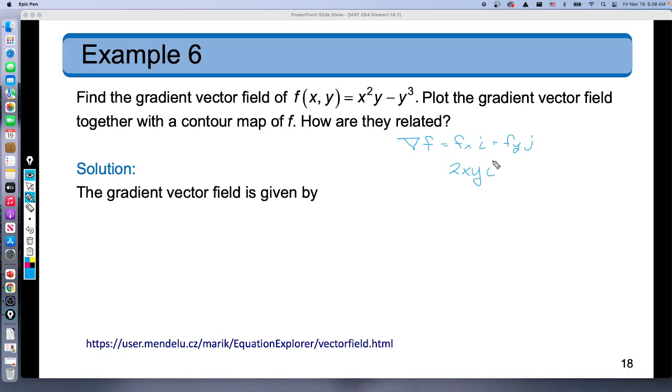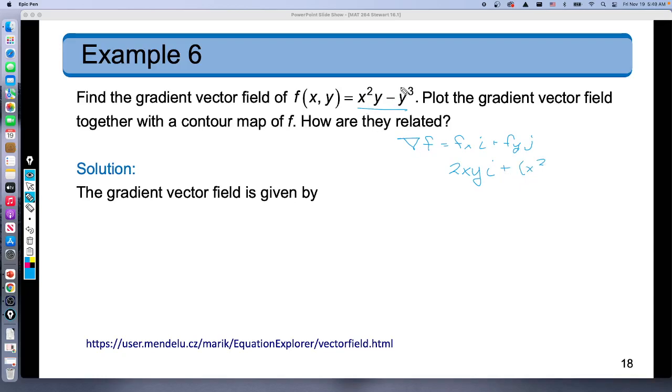So that's our i component. To get our j component, we take the same function, but we're now going to take the partial derivative with respect to y. So for this first term, the derivative of y is 1. So we get, I'm going to put a parenthesis here just to group it, x squared.